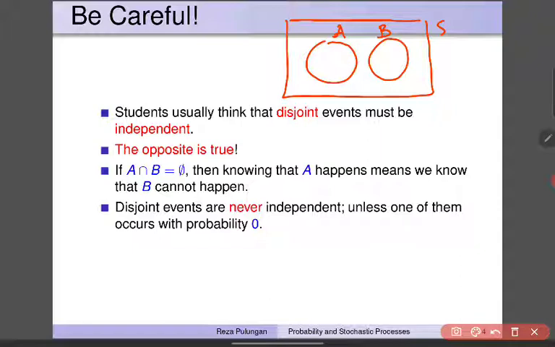Well, they are independent in the sense of set, but they are not actually independent in the sense of the probability. The opposite is actually true.